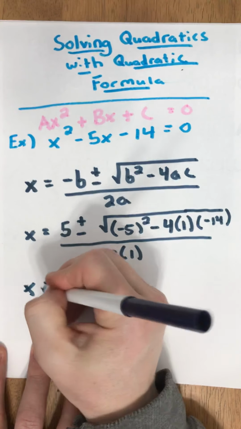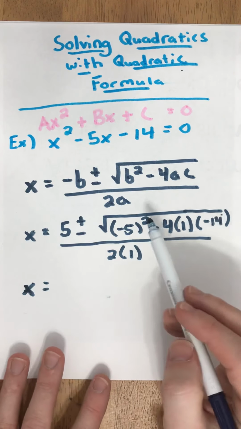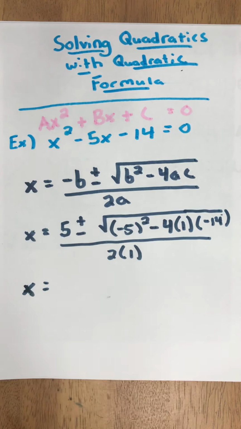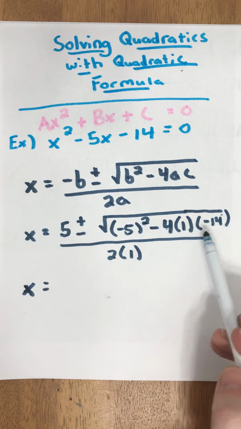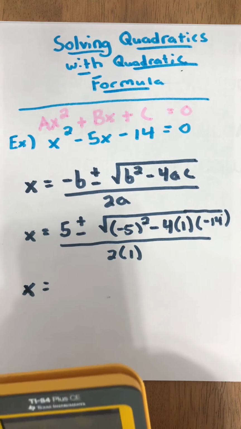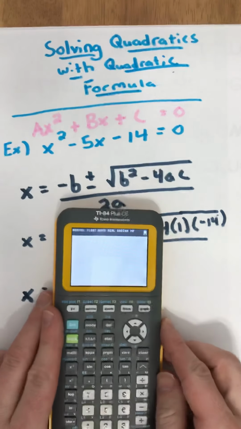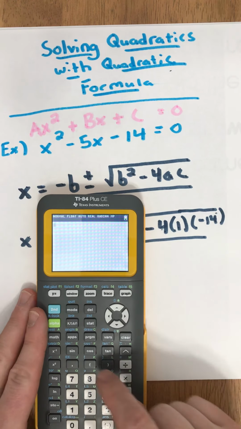All right, so I'm going to try and take this in some steps here. Let's first, in our calculator, forget about the square root symbol. Let's just do negative 5 squared minus 4 times 1 times negative 14. So in my calculator, I'm going to try and type this in. I'll show you guys so you can see it. I'm forgetting about the square root sign for now.